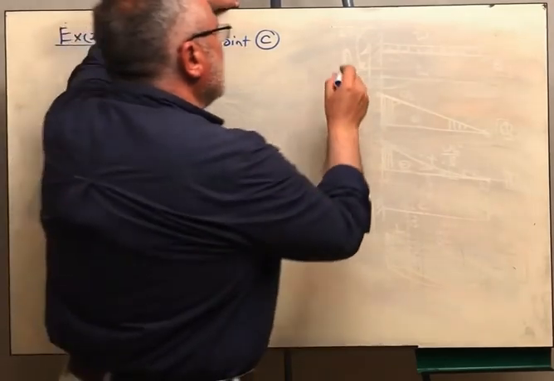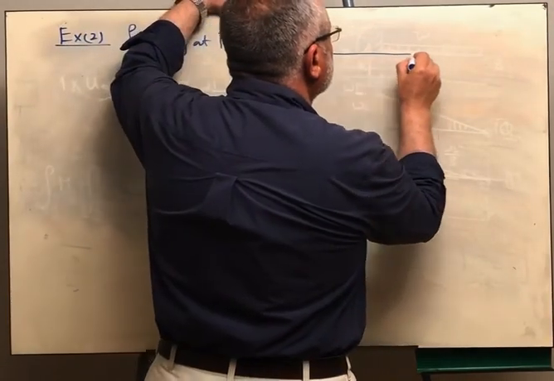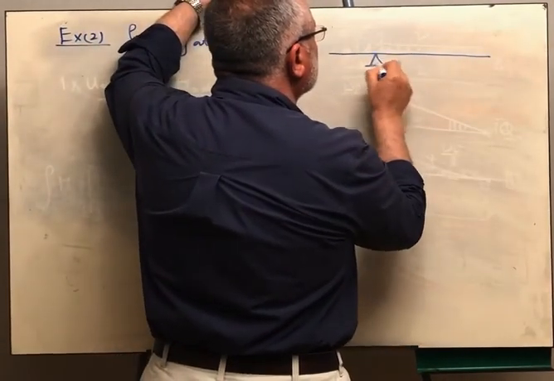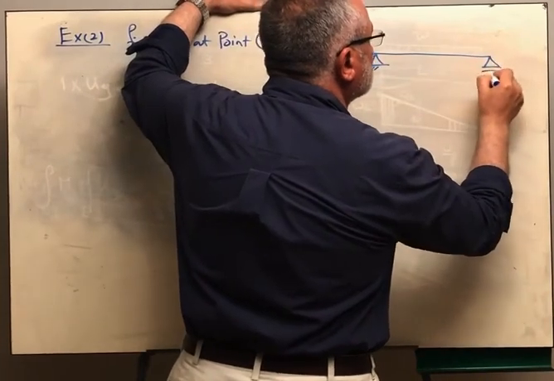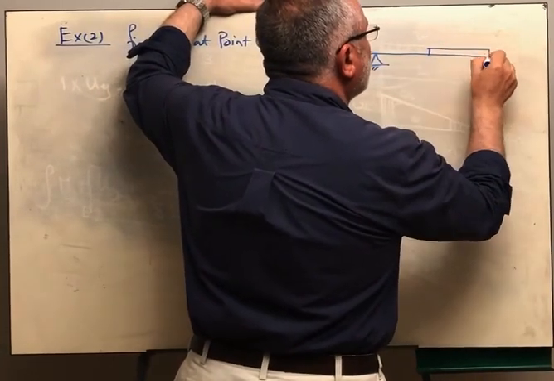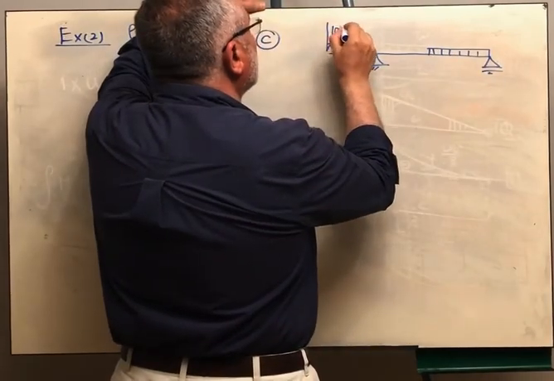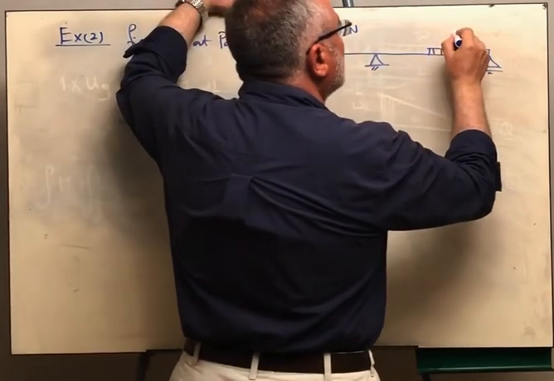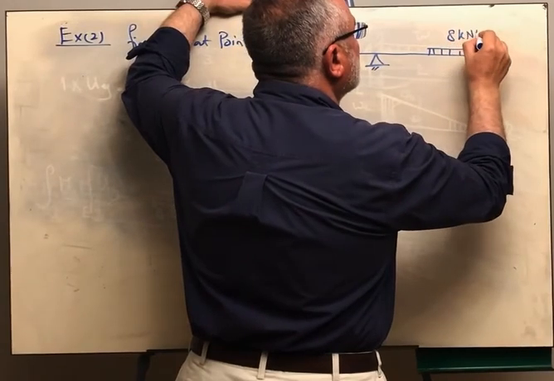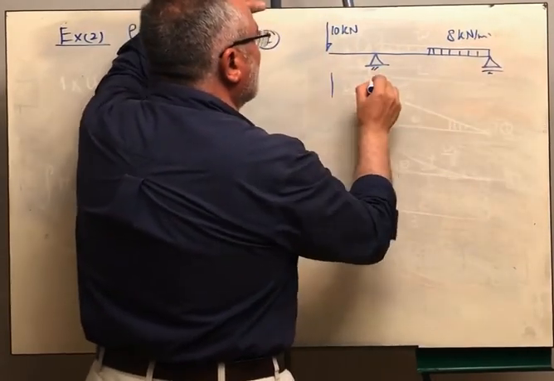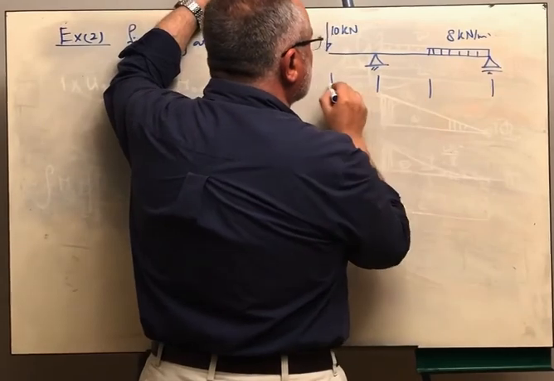Now we are having a beam like this, and here we are having a distributed load and a concentrated load. This is 10 kilonewton and this is 8 kilonewton per meter. We are having these distances.